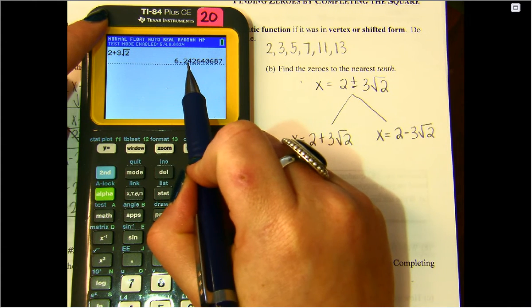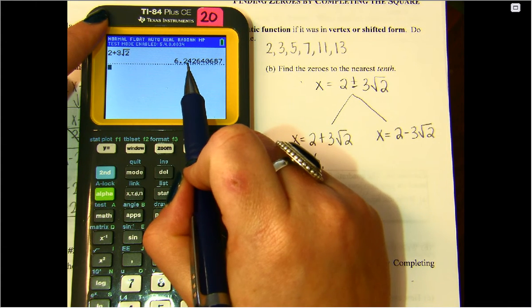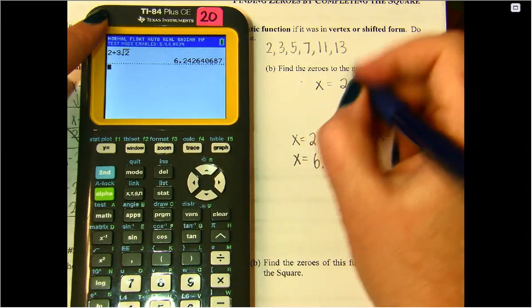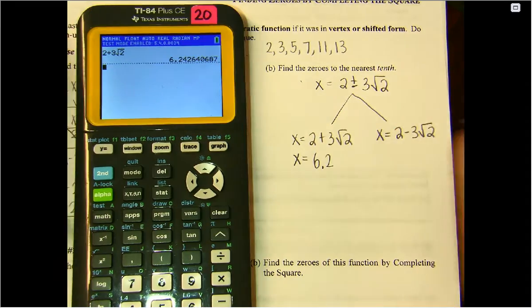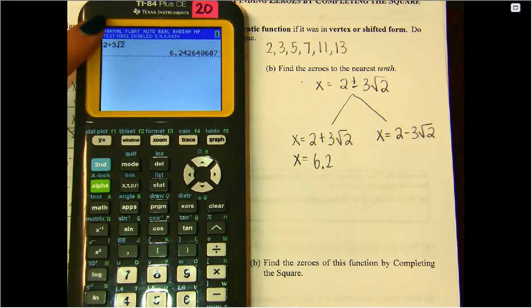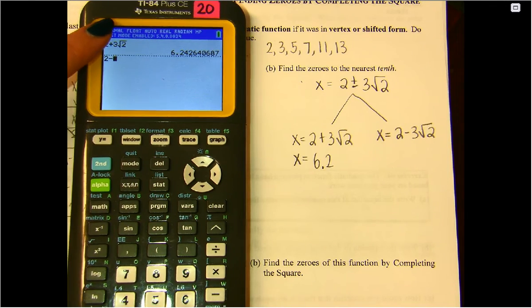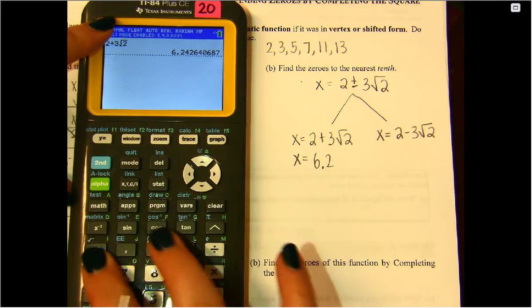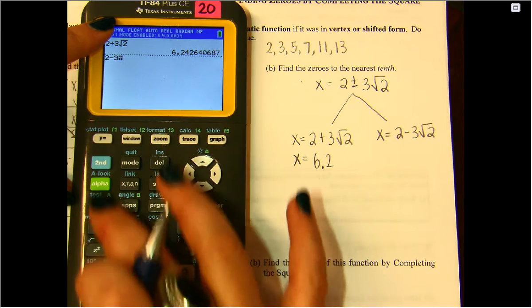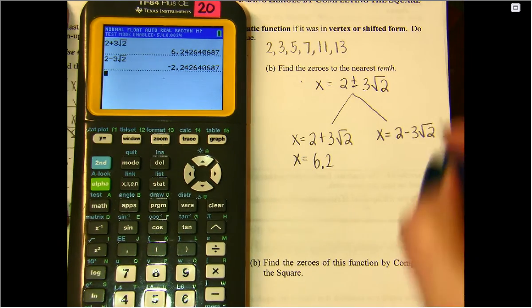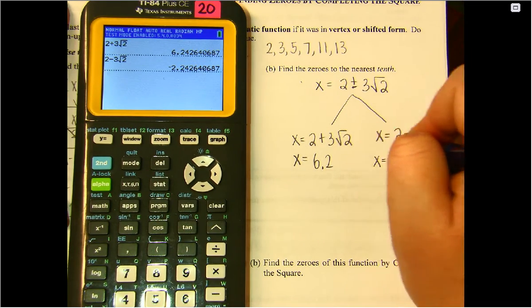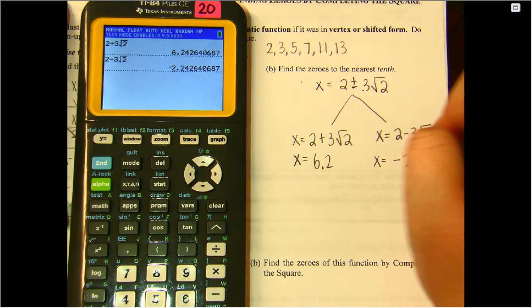The next one will tell me how to round. Since this is below 5, it stays a 2. So this is 6.2. All right, the second one is 2 minus 3 second x squared 2. So I have x equals negative 2.2.